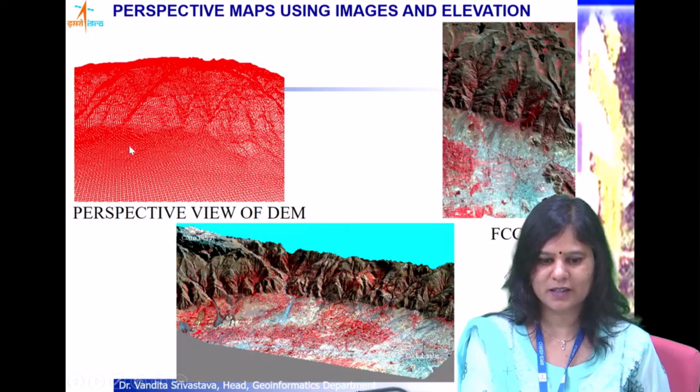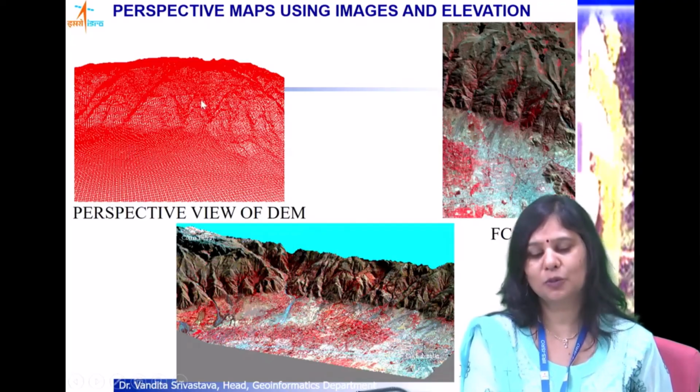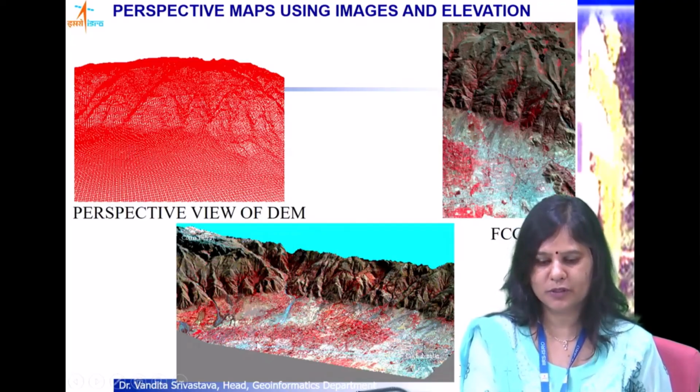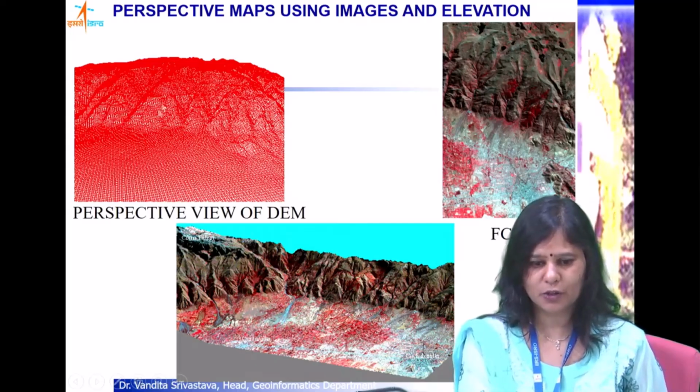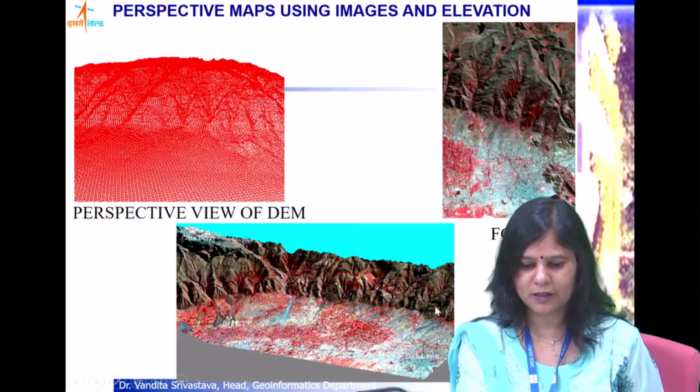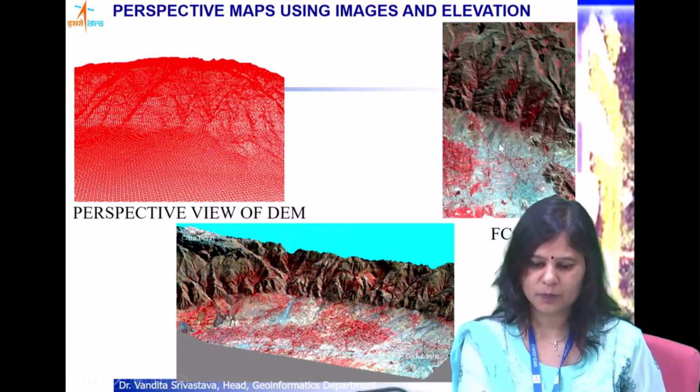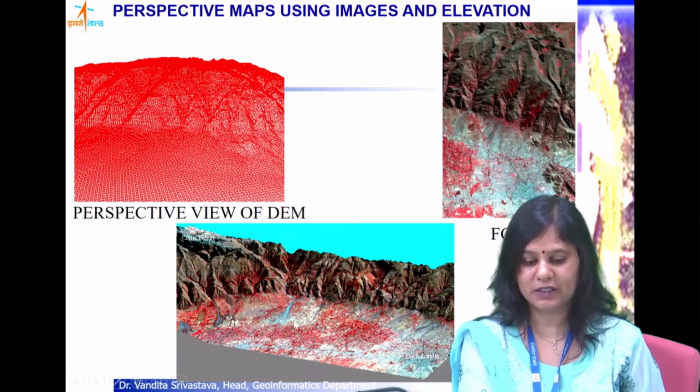Like you can study, once you know the topography as well as the geographic information. This is just an image, in fact, draped over the topographical information, that is the DEM, and a 3D perspective view has been made using this and the image. So you can see that you can visualize the world in 3 dimensions.